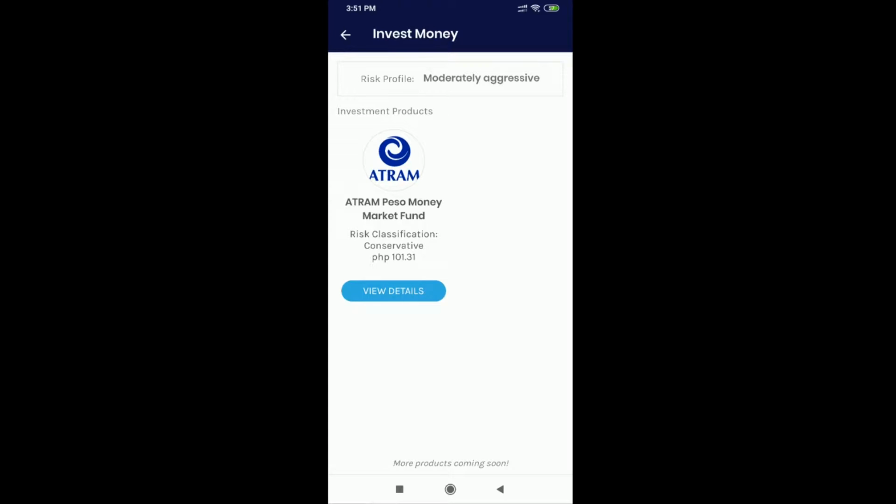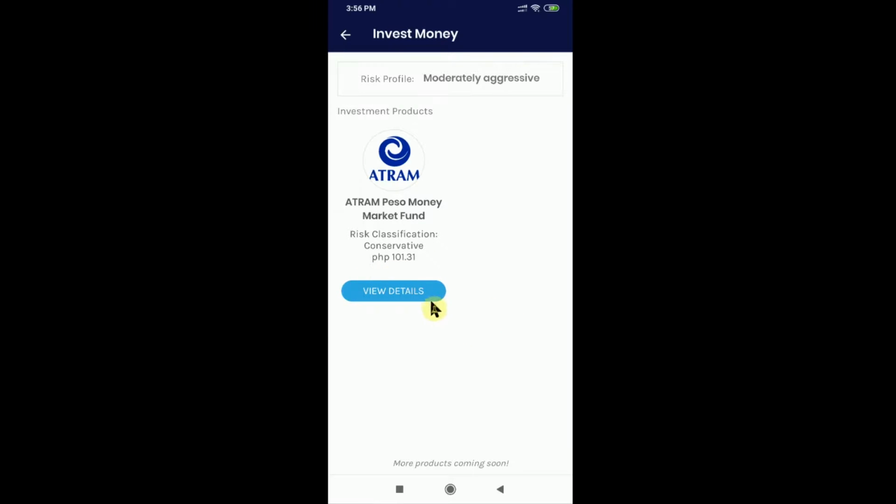As a result, these funds offer high liquidity with a very low level of risk. I believe you have heard of higher risk, higher return, right? In this case, low risk, low return. We will see what kind of security or instrument this ATRAM Peso Money Market Fund invests in later.